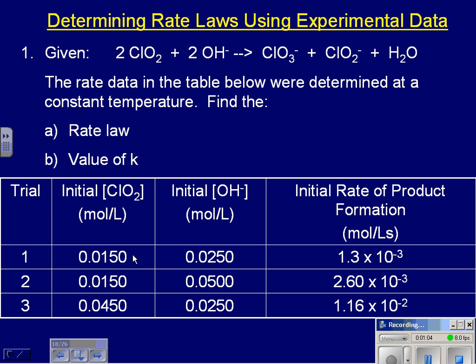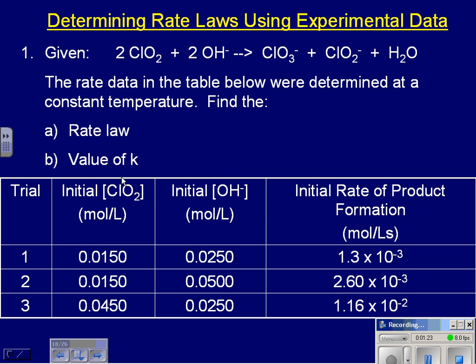And then we need to look back at the data and pick our appropriate trials. Like I just stated, when doing the log-log method, if I want to see how changing ClO2 affects the rate, then I need my OH concentration to be held constant.